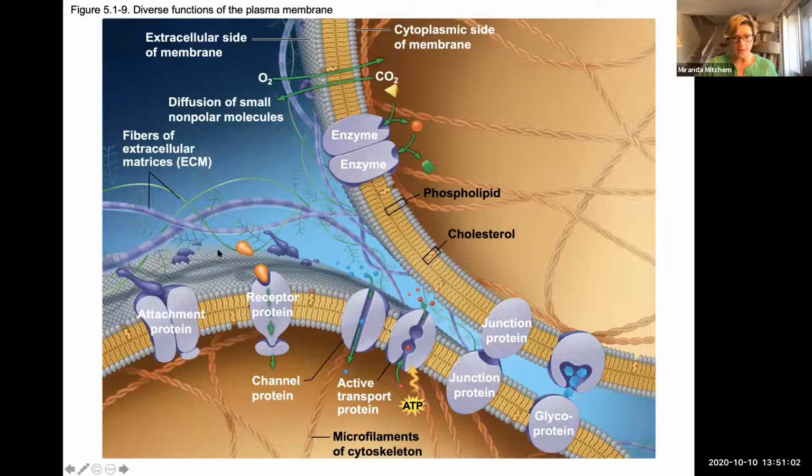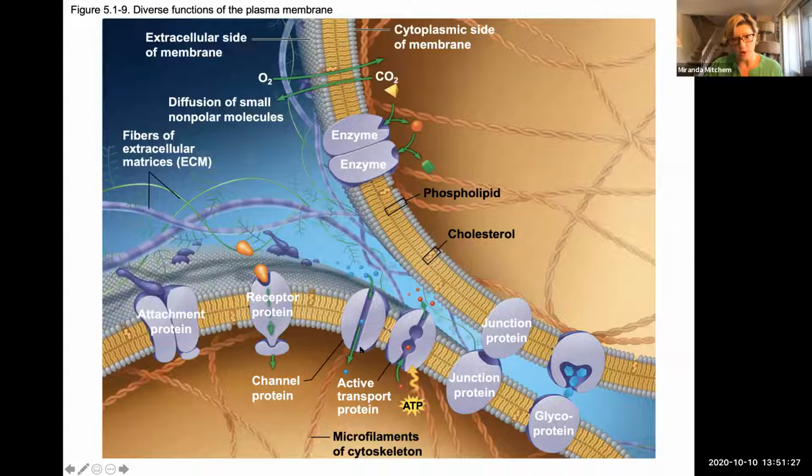We're looking at the example of the receptor protein here, where we have this candy corn looking protein signaling molecule that binds to the matched receptor. And then once the receptor is bound by its correct partner, it sends a signal inside the cell to do something. We've got our channel.